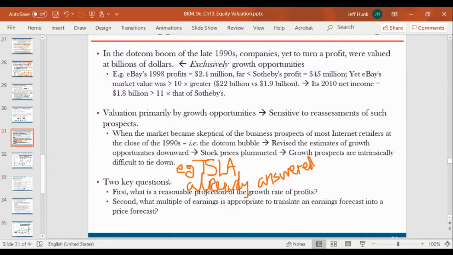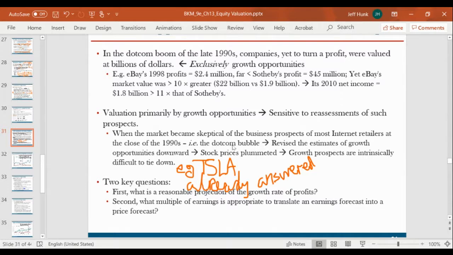So when there was a reassessment, when the market became skeptical of the business prospects of most internet retailers at the close of the 1990s, i.e., the dot-com bubble, right?